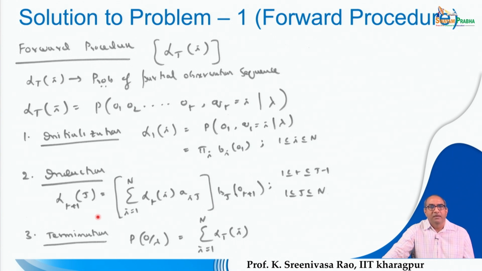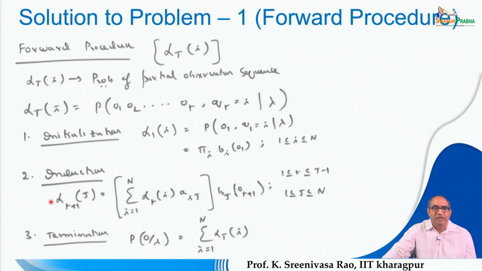It is the probability of the observation sequence O1, O2, O3, up to OT plus 1, where at t plus 1 the system is in state j. We can write this in terms of the previous step, alpha t of I, because alpha t plus 1 of j is the partial observation sequence till t plus 1, with the system in j at t plus 1.